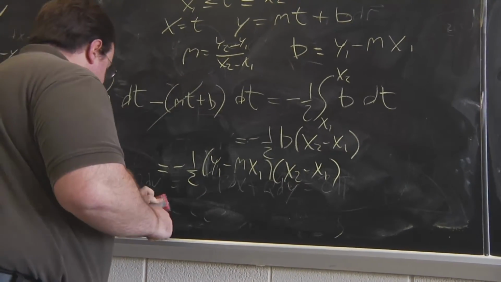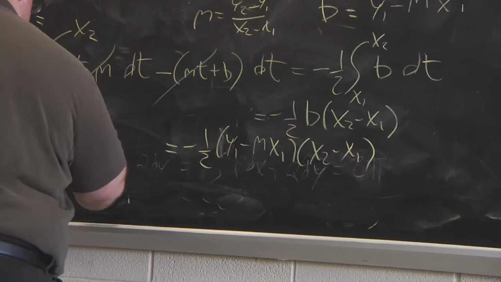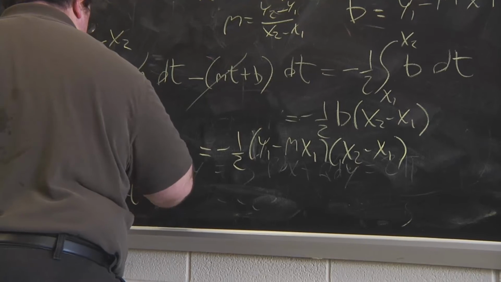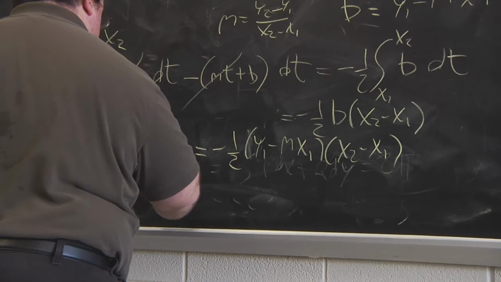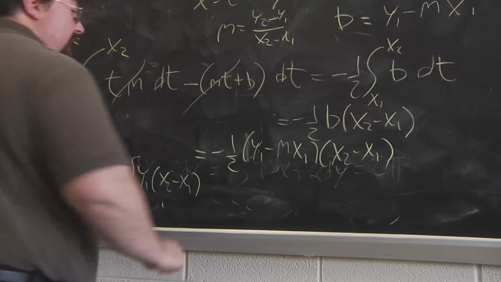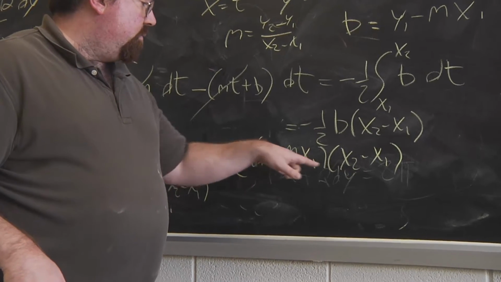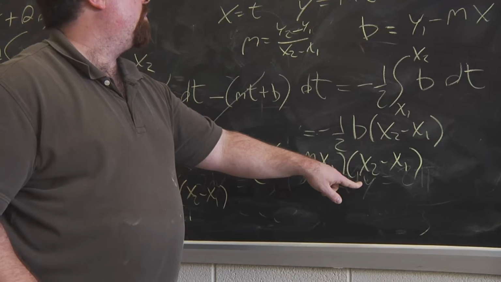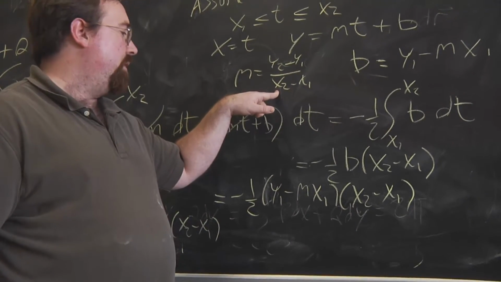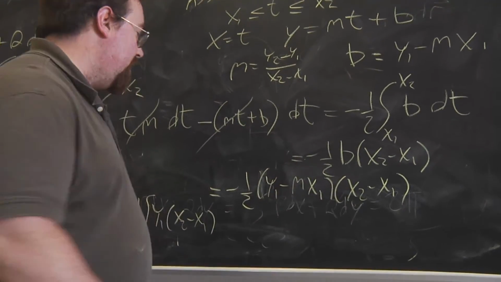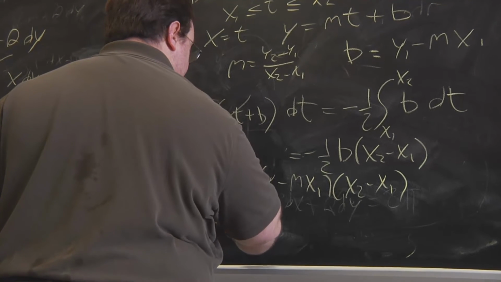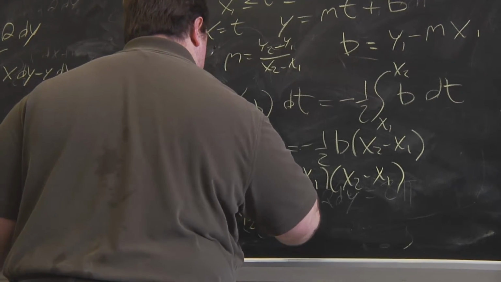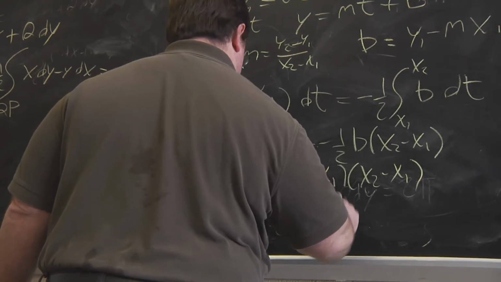For the first part, we're going to have y1 times (x2 minus x1). And now, when we multiply the slope by x2 minus x1, x2 minus x1 is the denominator of the slope. So we get a cancellation here. So we're going to get minus (y2 minus y1) times x1.